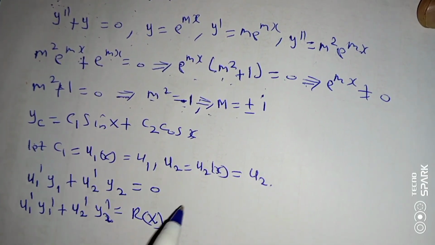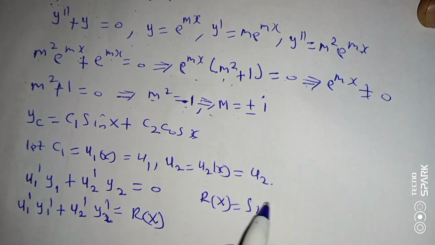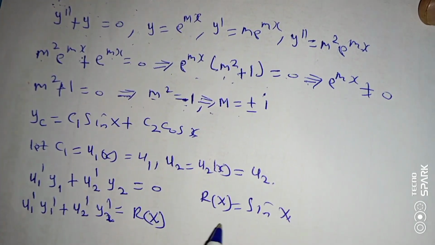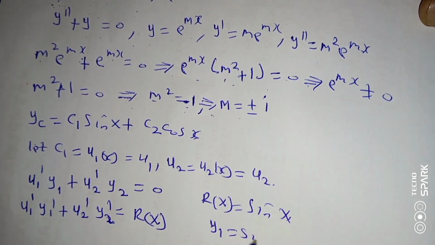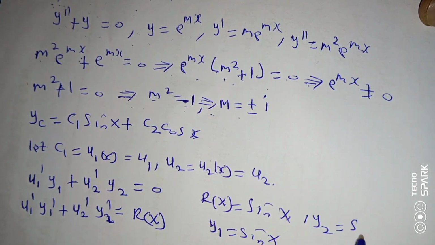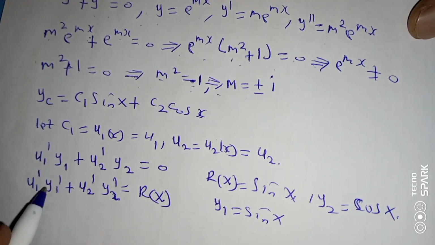In the case we are dealing with, our r(x) is equal to sine of x, our y1 is equal to sine of x, and our y2 is equal to cos of x. So we are going to substitute them here and differentiate.